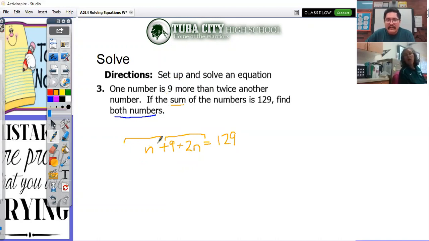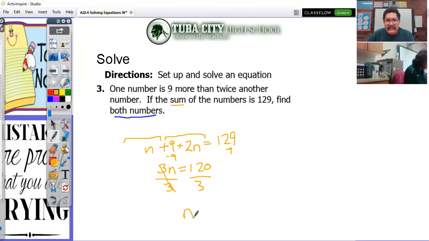So let's go ahead and solve it for the first number. So n plus 2n is 3n. And I'm also going to minus 9 from both sides too. So minus 9, so 129 minus 9, going to be 120. Divide both sides by 3.